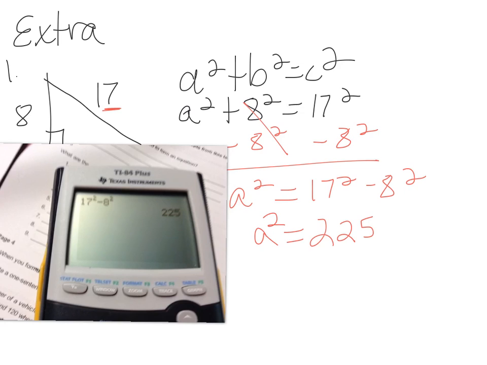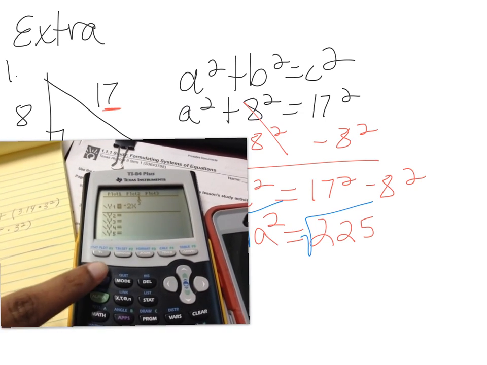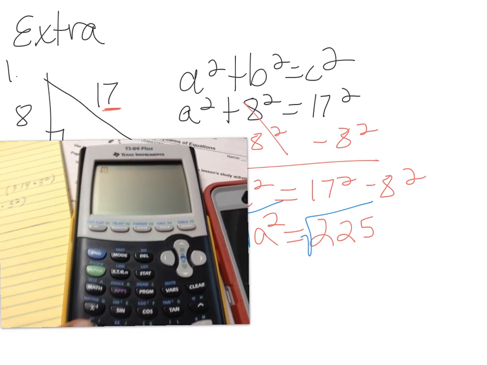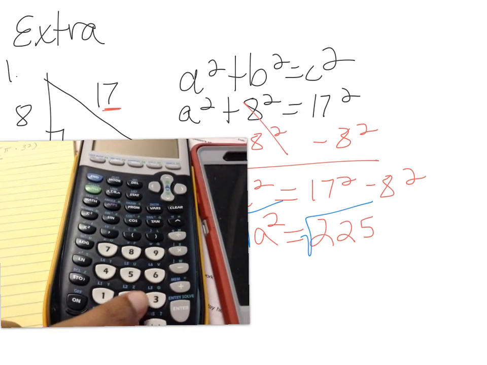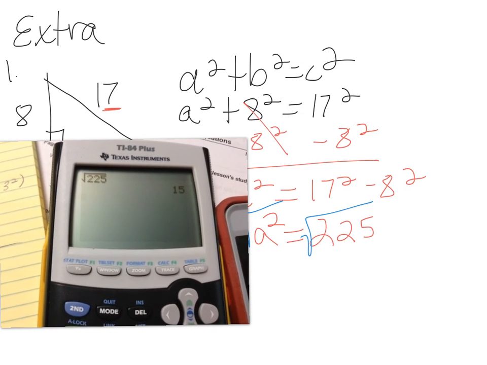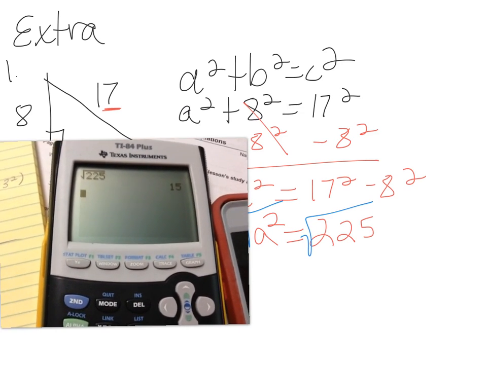And then the last step, since that is A squared, you have to do the opposite, which is the square root. And so here's what it looked like. So the next thing is to do the square root. Whoops, I pressed the wrong button. So second, and this X squared button right there, of 225. And so it looks like that. And you get 15. So A, that short side, is equal to 15.